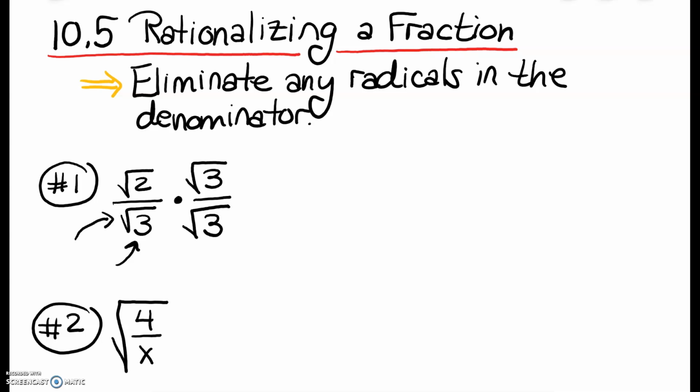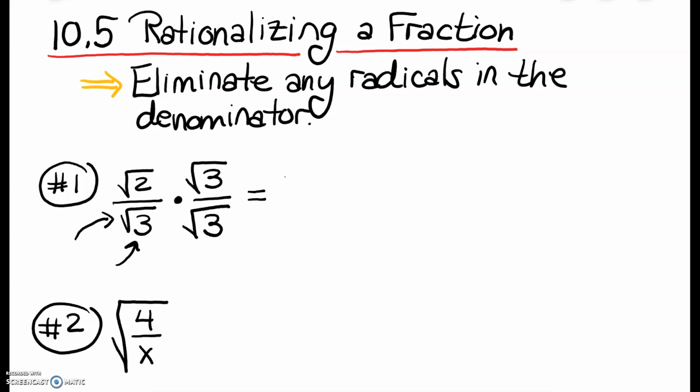But I can't just multiply the denominator by radical 3. I have to multiply both the numerator and denominator by radical 3 because that's like multiplying by the number 1. When we multiply by the number 1, it does not change the value of our fraction. If I don't multiply by the number 1, then it changes the value of my fraction and it's no longer equivalent. So I multiply by radical 3 over radical 3.